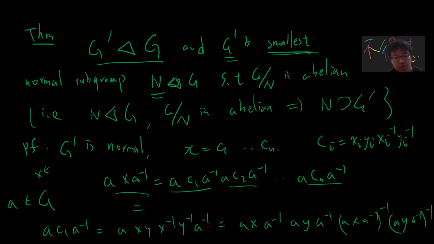So if you sandwich a commutator with A and A inverse, it is still a commutator. So this element still belongs to G prime, which proves that G prime is normal.